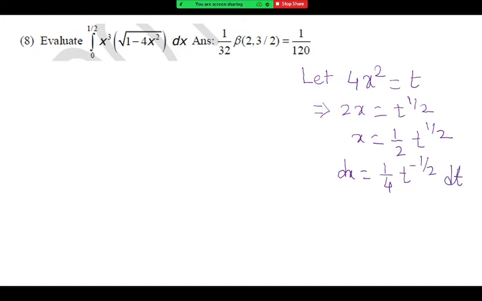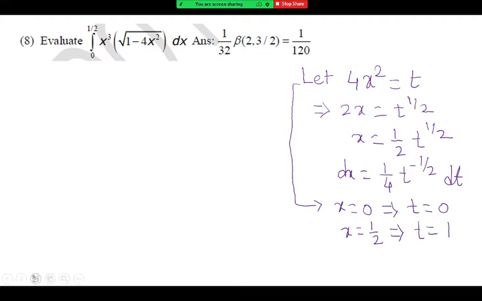Not only this, we have to find the new limits also, because in this case the limit will not be the same. When x is 0, from the expression 4x square equal to t, you'll observe t is 0. And when x is 1 by 2, what about t? Sir, 1. Yes, t becomes 1. That is what we want here, correct?